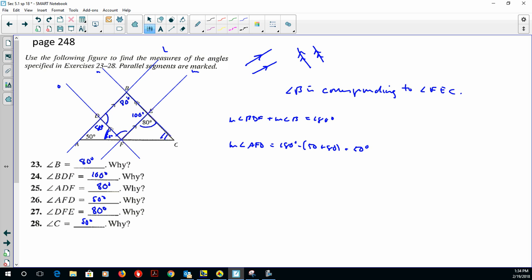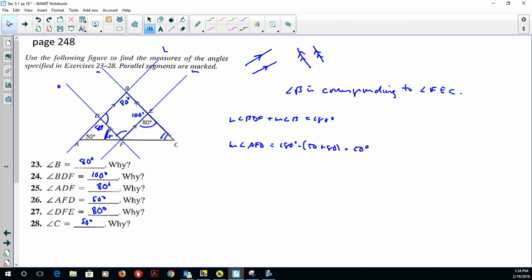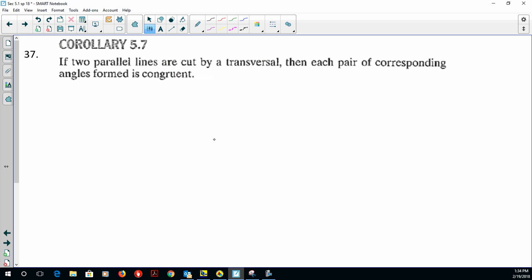So let's prove corollary 5-7. I actually kind of thumbed my way around it here. Let's see if we can prove this, and maybe let's do a two-column proof. Okay. So let's give some names here.